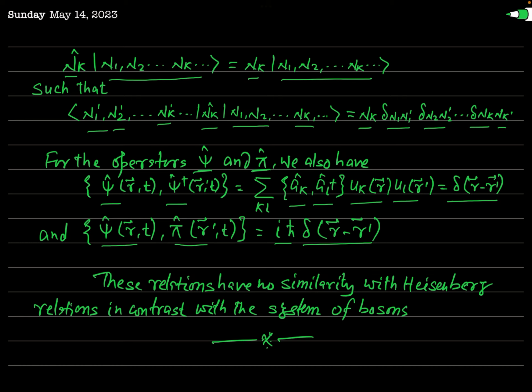So in contrast to bosons, in case of fermions the relations obeyed by these operators psi hat and pi hat are not equivalent to the Heisenberg commutation relations.